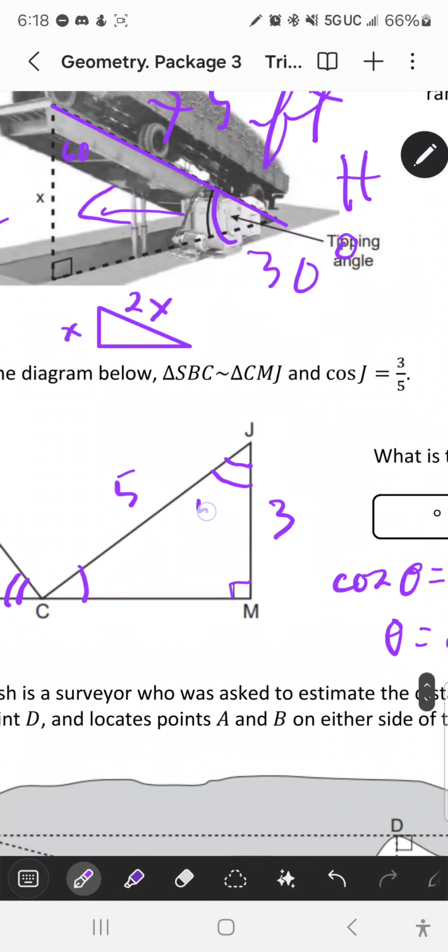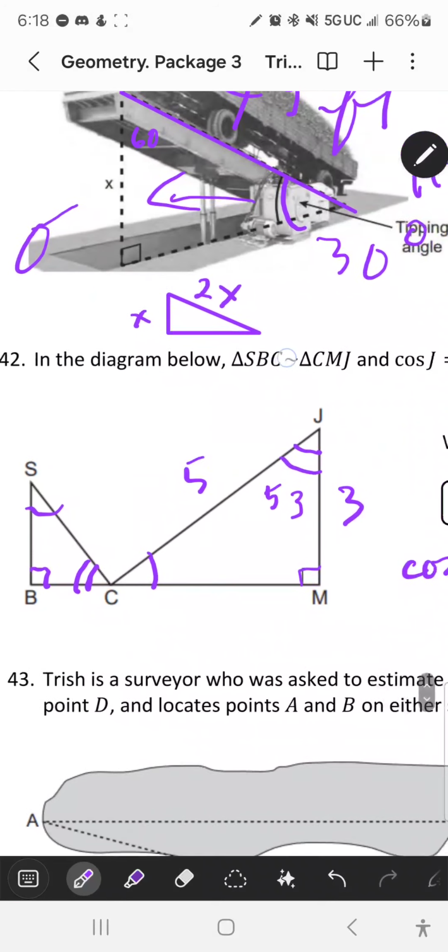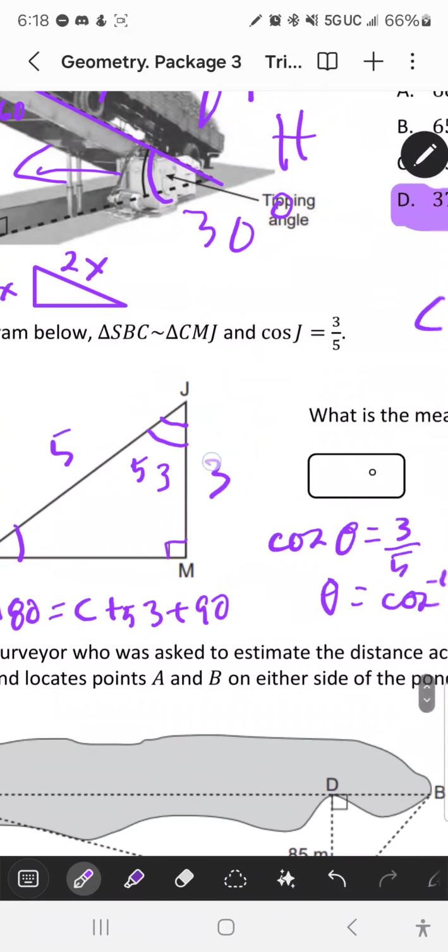Now that's J. And I'm looking for C because C is the one that is equivalent to S. Every time we see they are in order of equivalency, the letters must be in order. So I have 53 and I have 90, so I could say 180 equals C plus 53 plus 90.